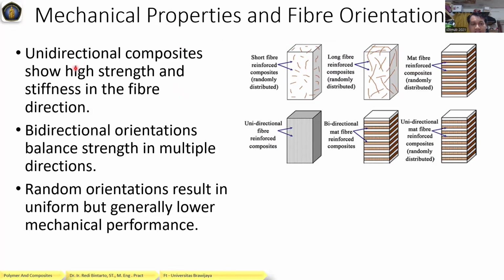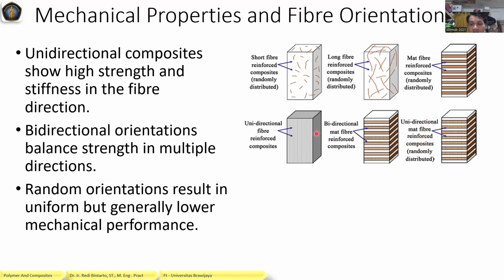For mechanical properties, unidirectional composites show high strength and stiffness in the fiber direction. So it depends on the direction of the fiber. When the direction is horizontal and they get tensile strength in horizontal as well, in the fiber direction it should be higher strength. Bidirectional orientation balances strength in multiple directions.